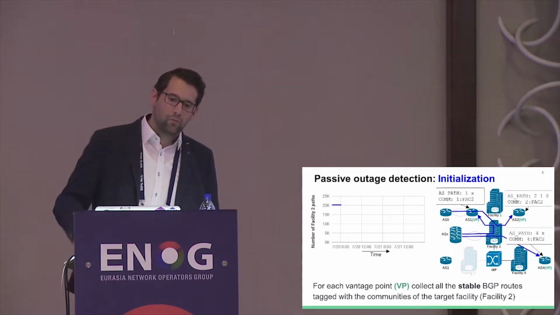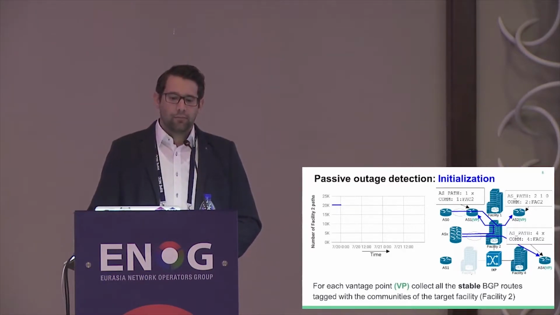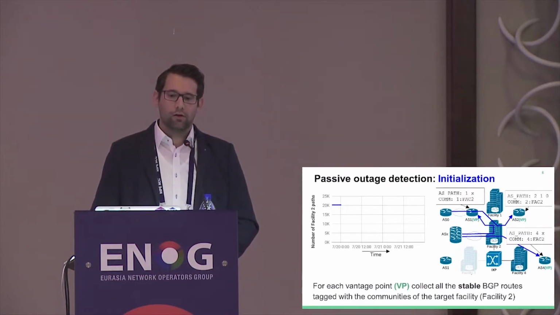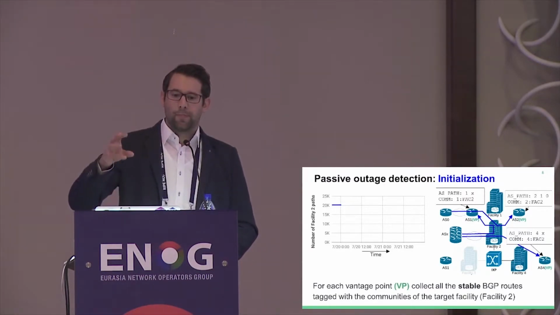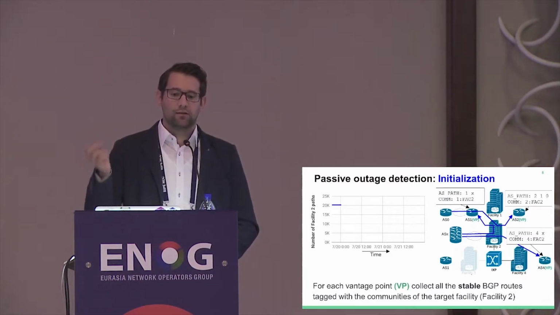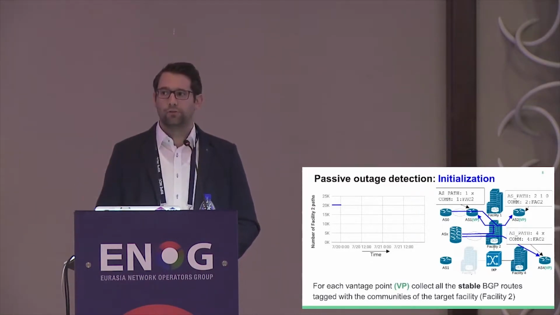So what we do basically is, we don't just focus on the AS path, but we really focus on the communities. As you can see, at all our vantage points, we observe the BGP announcement, we receive it, and see the ASes map the facility where they receive the prefix.